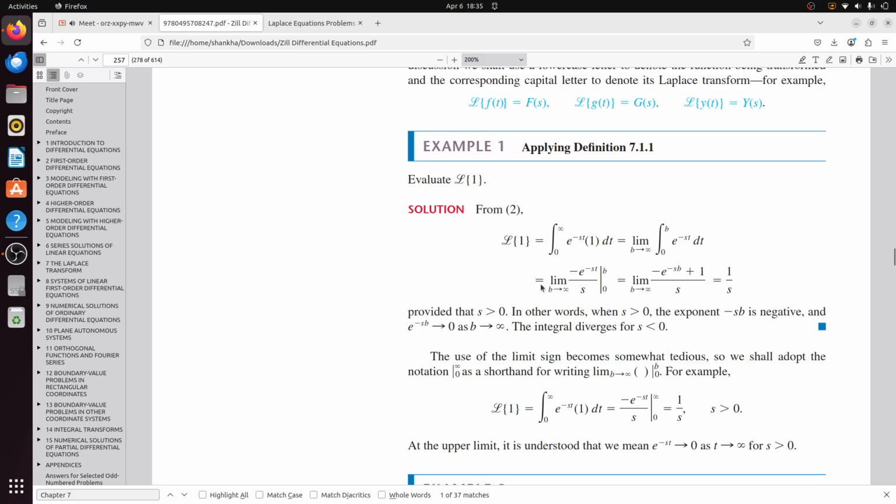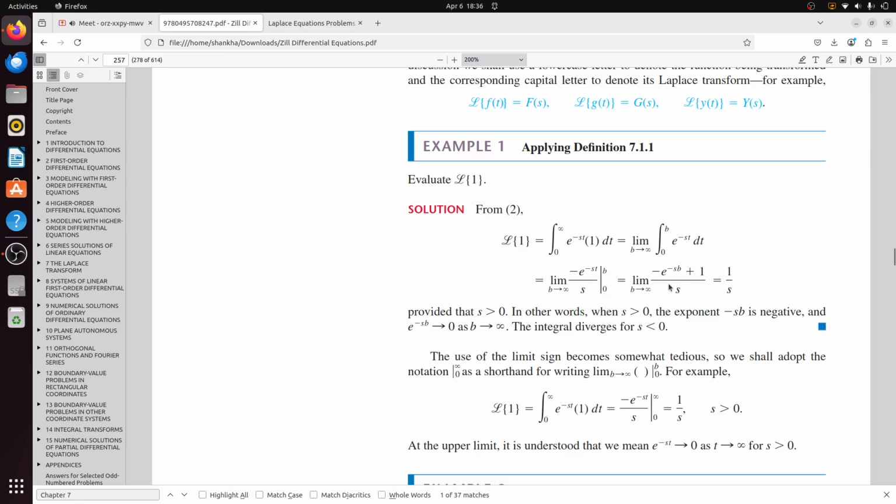You need to just put b here, so minus e to the power minus sb, then minus and minus will be plus, then 1 divided by s, that will be ultimately 1 by s, because your s is greater than 0. So the Laplace transformation of the function 1 exists only when s is greater than 0.